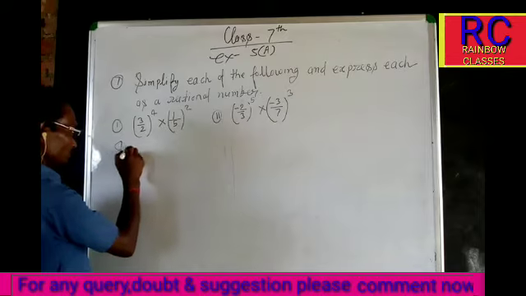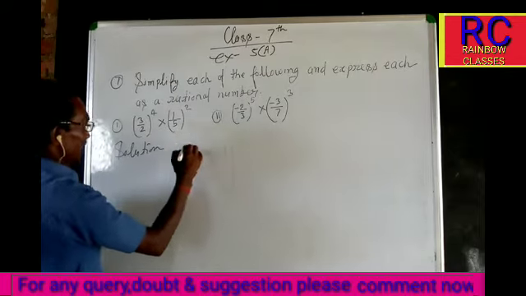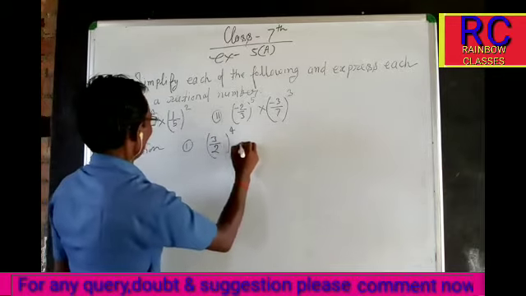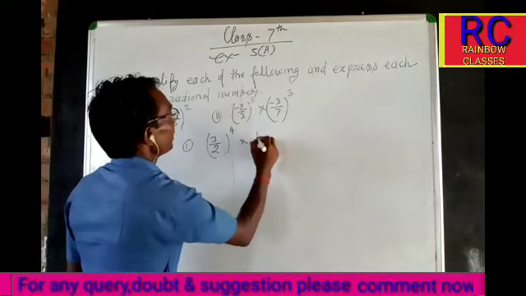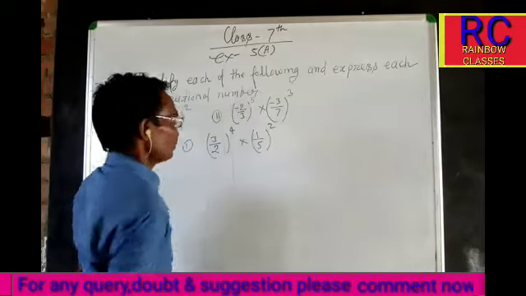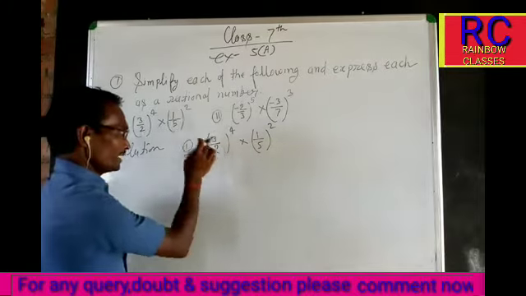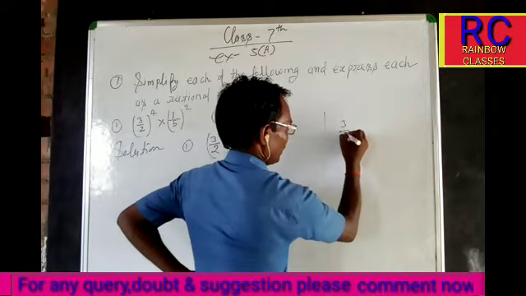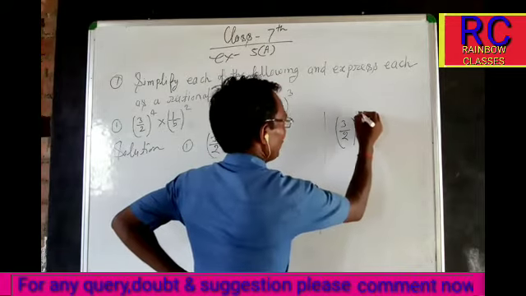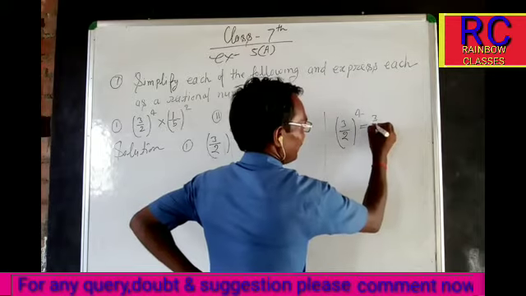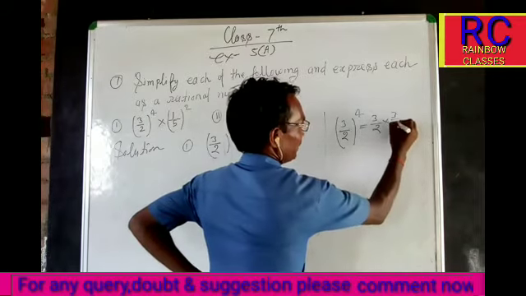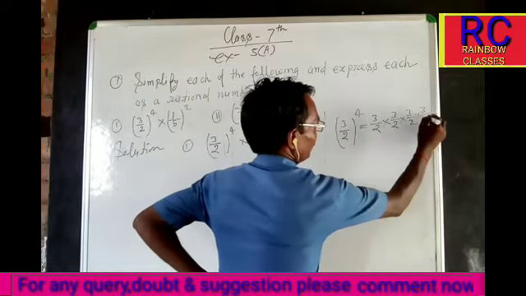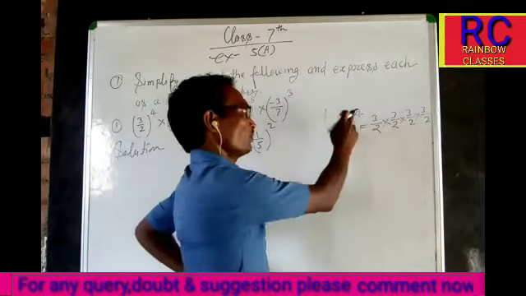First, 3 by 2 to the power 4 into 1 by 5 to the power 2. 3 by 2 to the power 4 means 3 by 2 into 3 by 2 into 3 by 2 into 3 by 2, multiplied 4 times.